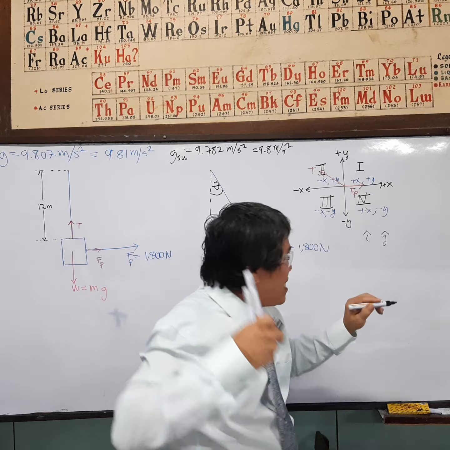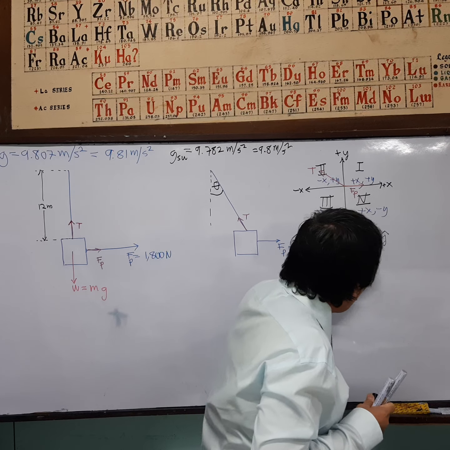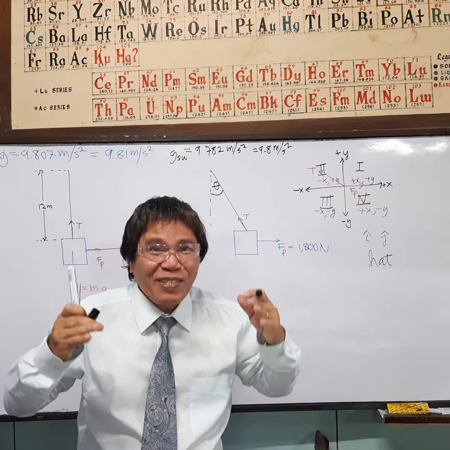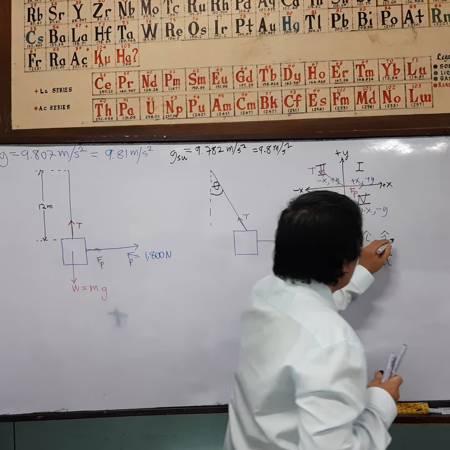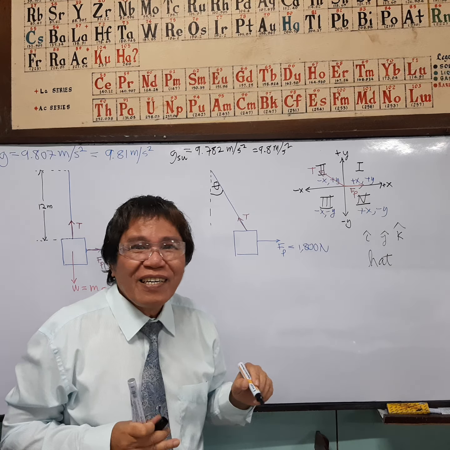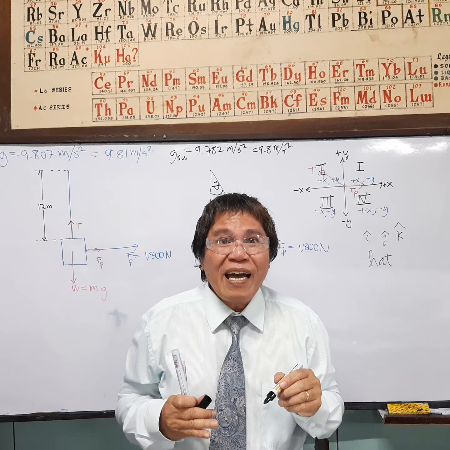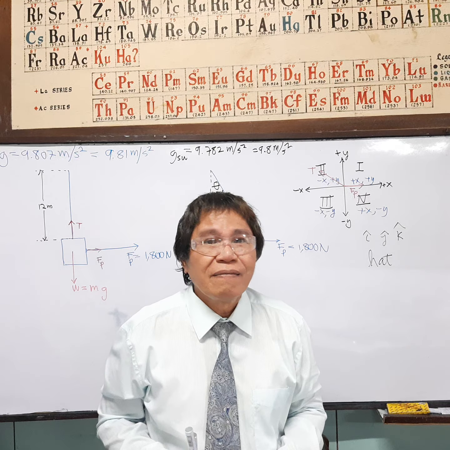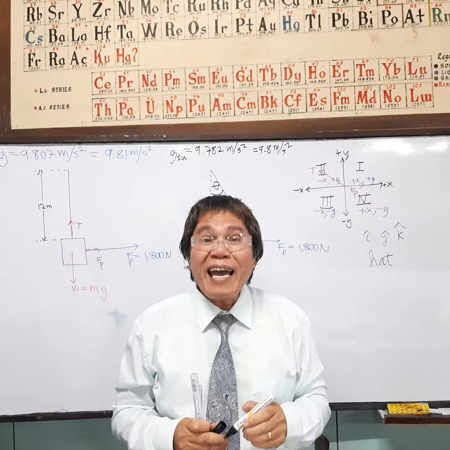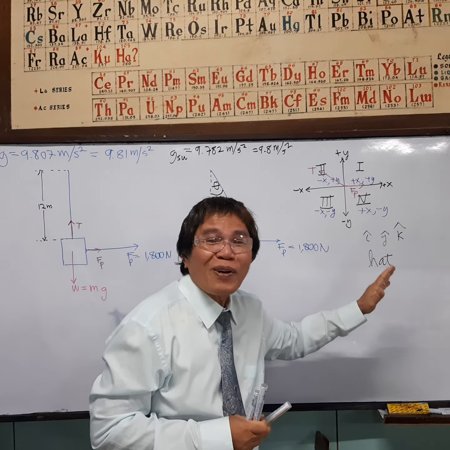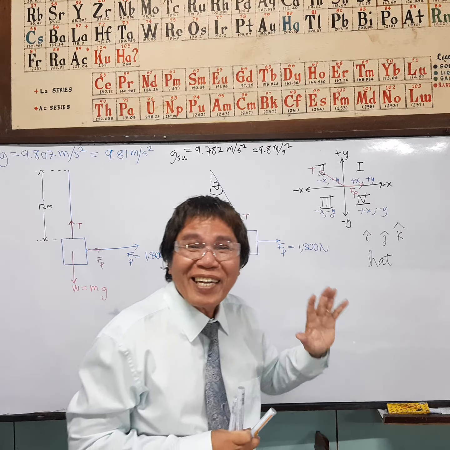Then K hat. So this is unit vectors I, J, K. Okay.